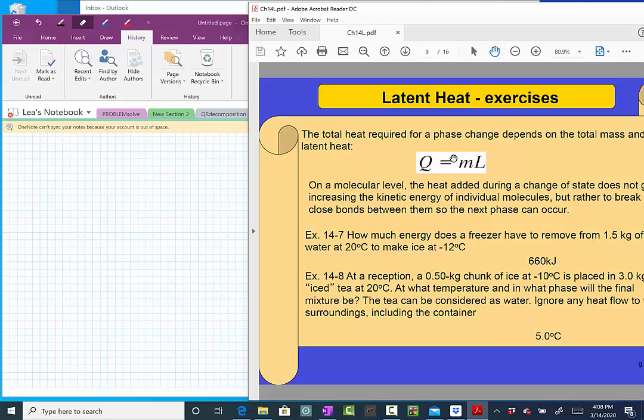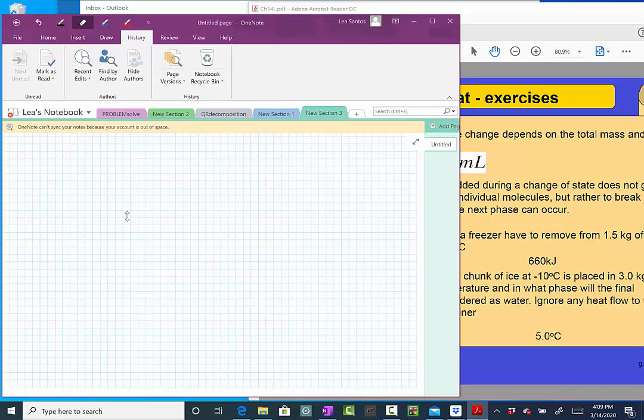Very well. So let's read this problem. How much energy does a freezer have to remove from 1.5 kilograms of liquid water at 20 Celsius to make ice at minus 12 Celsius? That's the question. Let's rewrite this problem here.